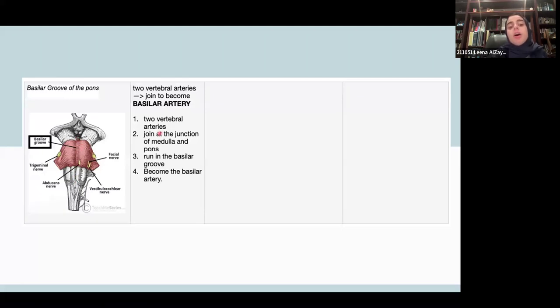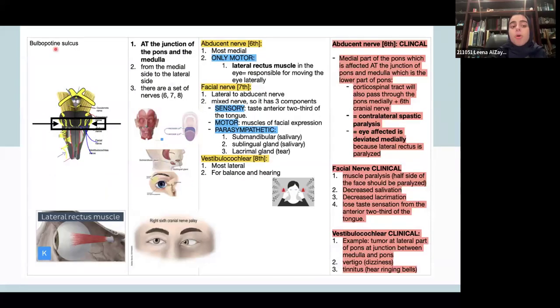Okay, so this is the basilar groove of the pons. And then we have the bulbopontine sulcus. The bulbopontine sulcus is the sulcus that connects the medulla and the pons. So it's this segment where we have these 2 arrows pointing at it. There is the 6th cranial nerve, the 7th cranial nerve, and the 8th cranial nerve. The 6th cranial nerve is only motor, for the lateral rectus muscle.